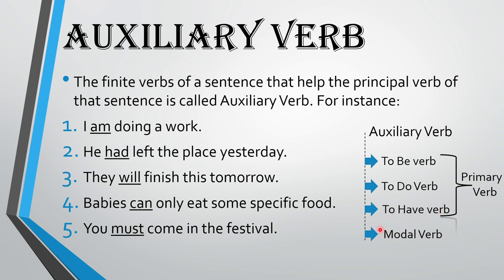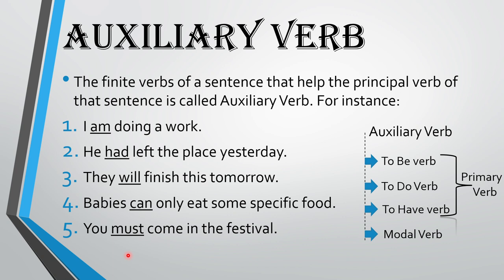Then modal verb. Modal verb is an extra verb. We will learn about this in our next classes, in part 3, where we will learn some important types of verb. But in this class, we learn some basic definitions. Like will, can, must.